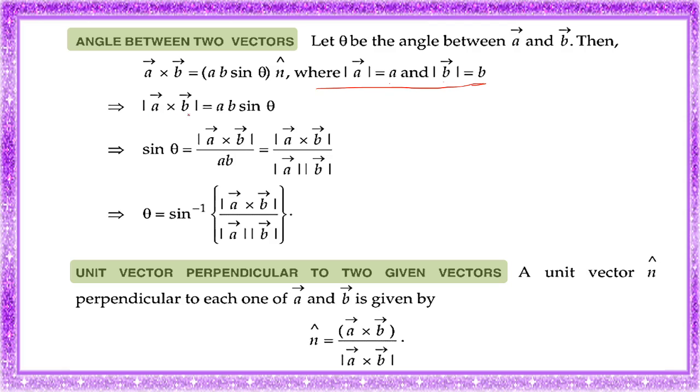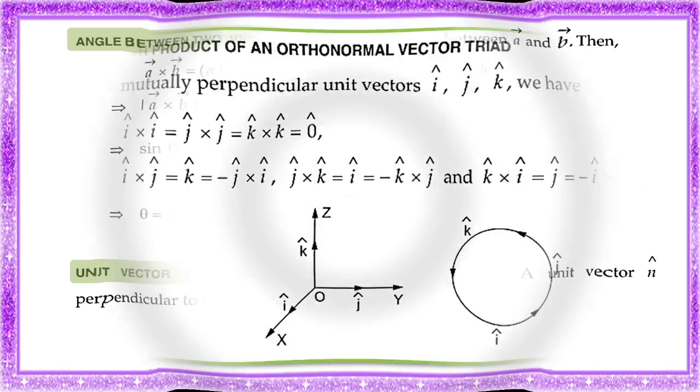Now magnitude of A cross B will be AB sine theta. So from here we can find the angle between them: sine theta will be equal to magnitude of A cross B upon AB, and theta will be equal to this thing. And a unit vector n, which is perpendicular to both A and B, is given by this. This is the formula.